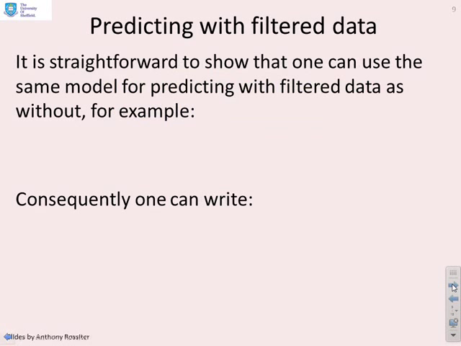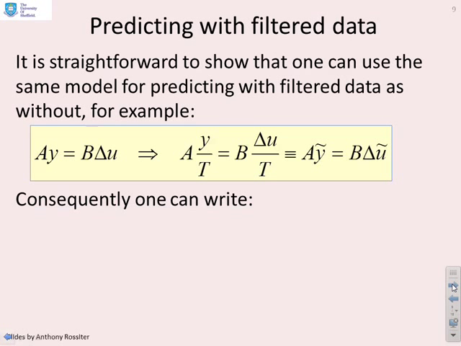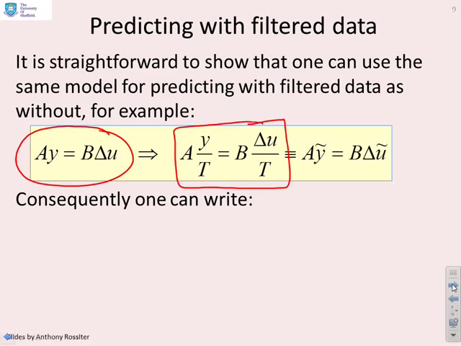What about predicting with filtered data? Now it's straightforward to show that if Ay equals B delta u, then similarly I could write A y over T equals B delta u over T, or A y tilde equals B delta u tilde. So in other words, the model that I can use to predict with Ay equals B delta u, I can use the same model to predict with A y tilde equals B delta u tilde.